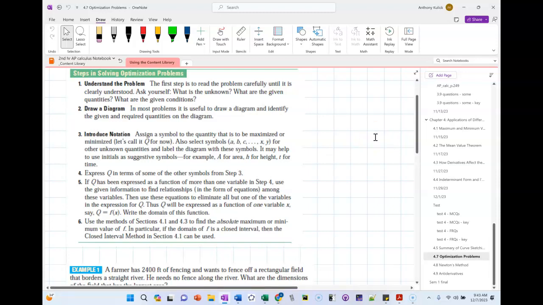Step 3 is introduce notation. You'd want to assign a symbol to the quantity to be maximized or minimized. Typically, the textbook uses the letter Q for whatever that quantity is we're trying to minimize or maximize. And then you want to select some names for your other unknowns, like a variable, A, B, C, D, X, Y, Z, P, D, Q, whatever.